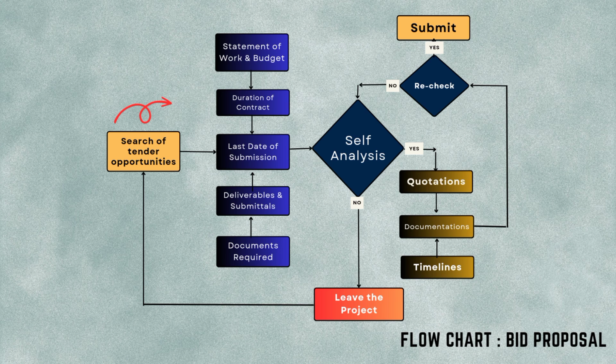Then deliverables, that is what you have to deliver, what you have to submit after the completion of the contract. Then documents required, very important. Somewhere there is a bonds requirement, somewhere there is a surety bond or the certifications for the particular country, export license, import license. All things are catered at this stage.